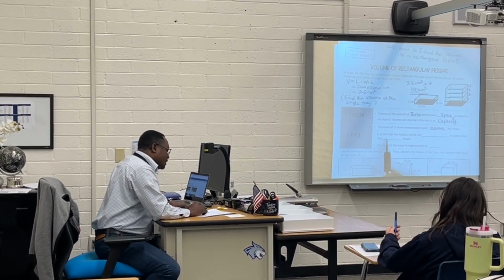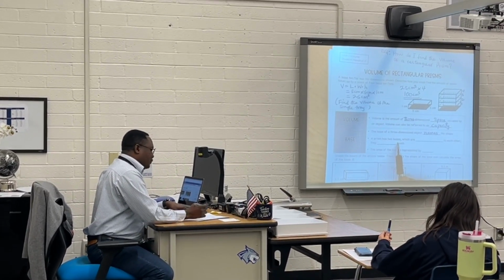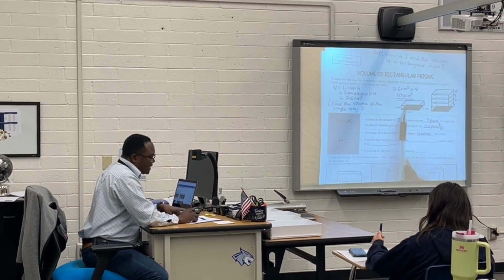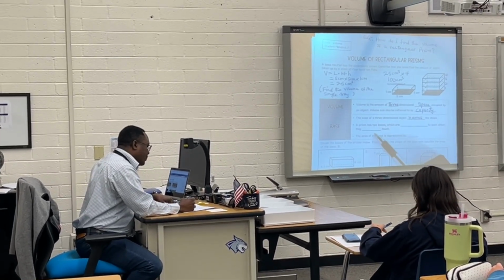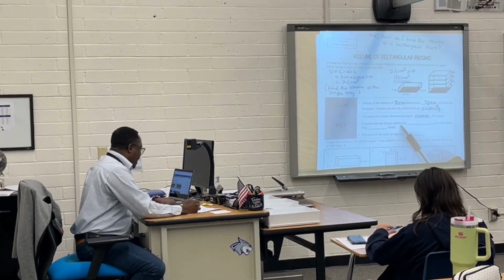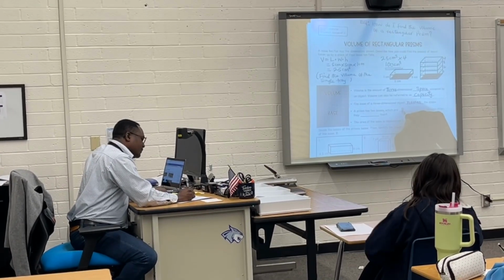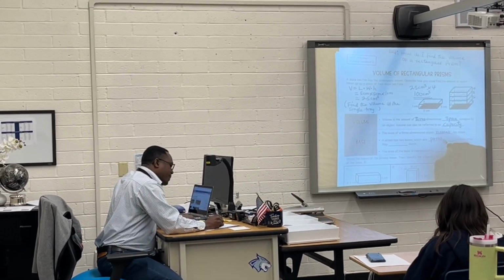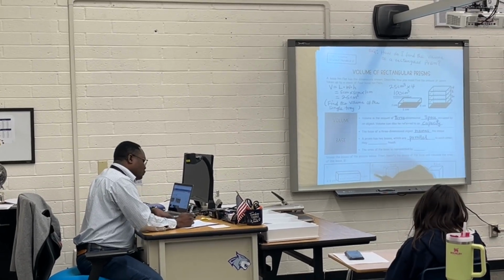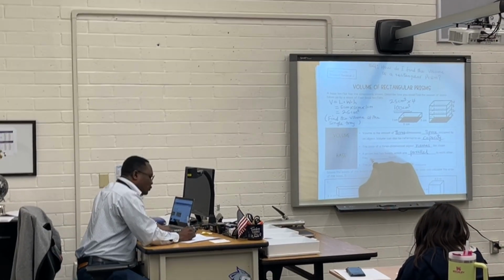And then we are saying a prism has two bases. If you can see, we have the base down and then the base top. So a prism has two bases which are parallel. They are parallel to each other, and they do not touch each other.